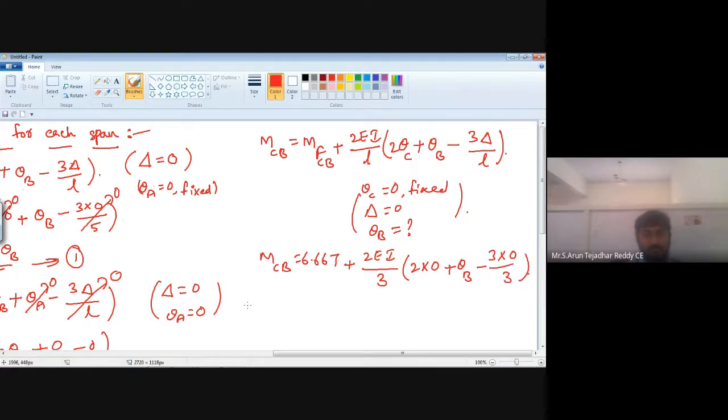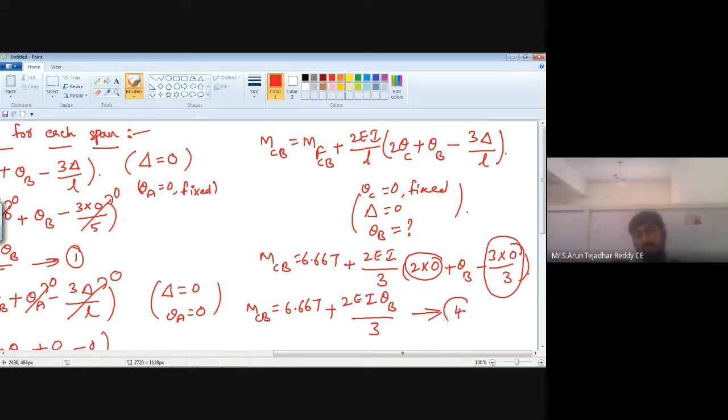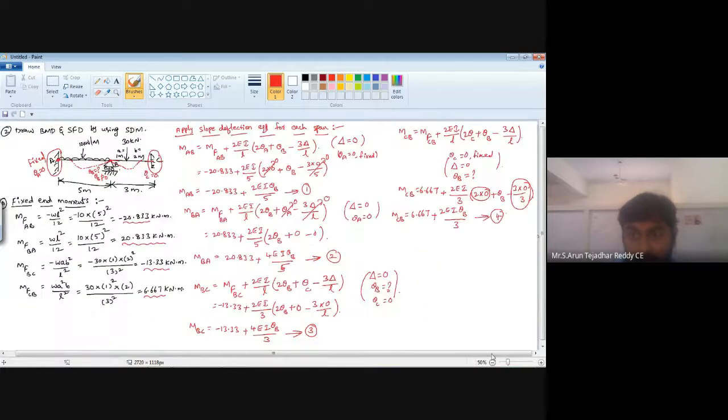Now MCB is equal to 6.667 plus this is 0, this is also 0, remaining is theta B, so 2EI theta B by 3. This is equation number 4.